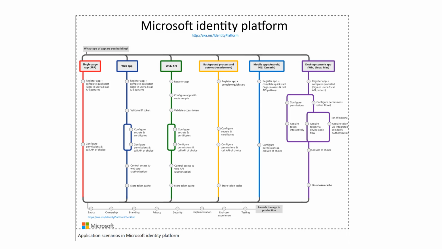We can also use Microsoft Identity Platform with mobile apps like Android, iOS, Xamarin Platform, and of course desktop applications like Universal Windows Platform or UWPF. So it's really much easier to implement authentication and authorization using Microsoft Identity Platform. So let's see some interesting details.